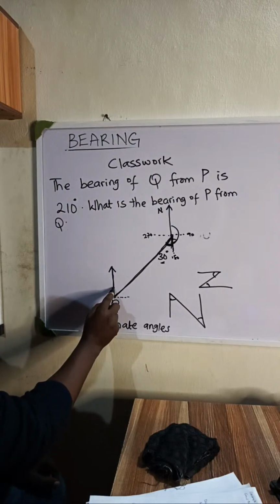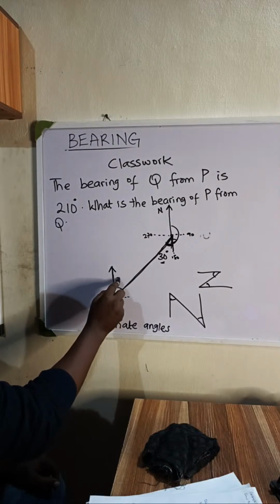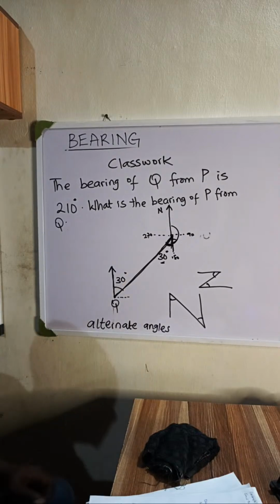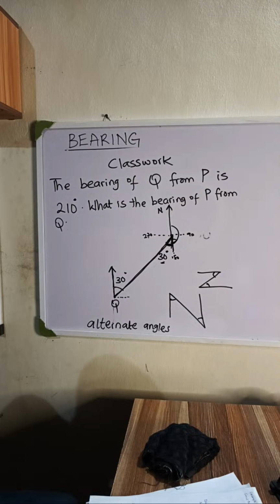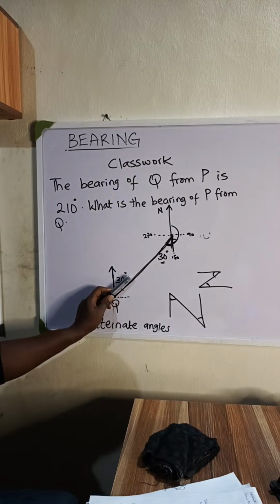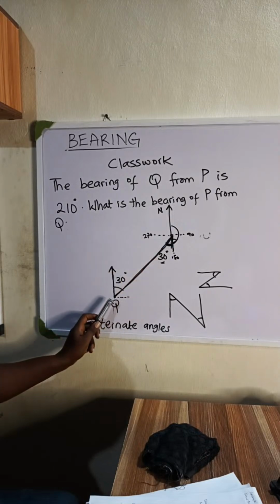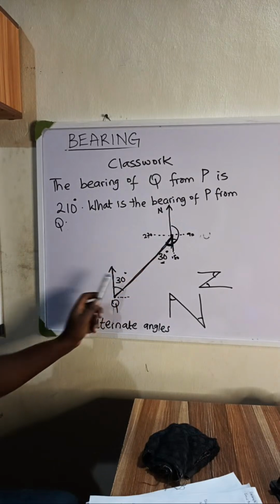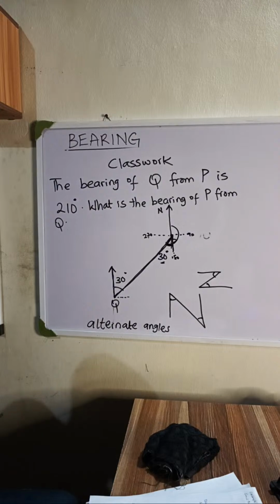So this clockwise direction here is 30 degrees. So the bearing of P from Q is 30 degrees.